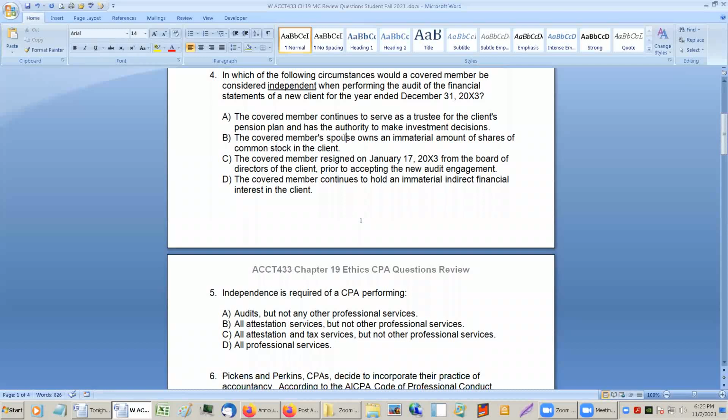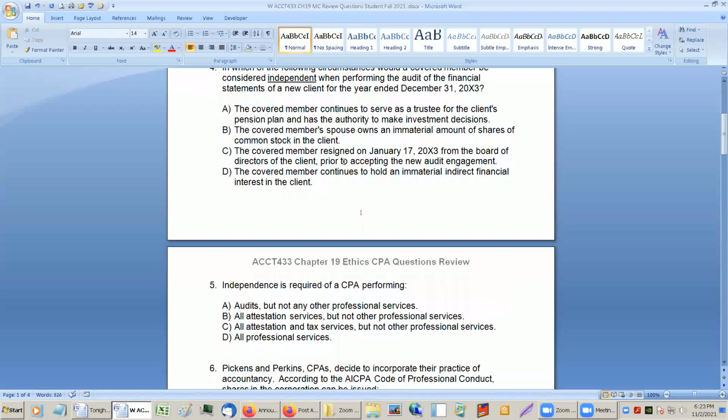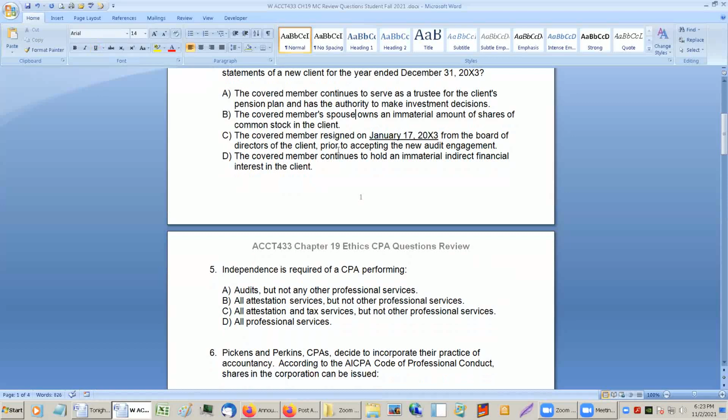Covered member's spouse is a covered member. It's the same as a covered member. Covered member is on the board of directors. Can't do that. The entire CPA firm is not independent. Yeah, immaterial, direct, indirect, financial. It's D. And you guys got it.